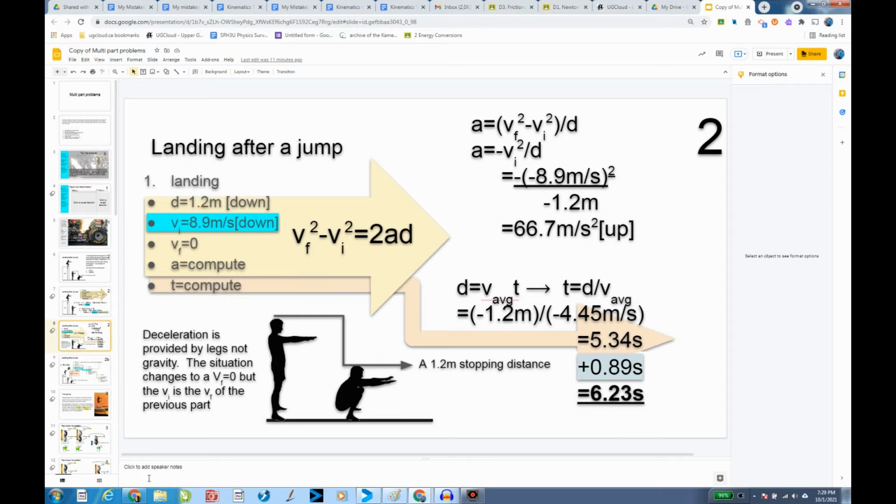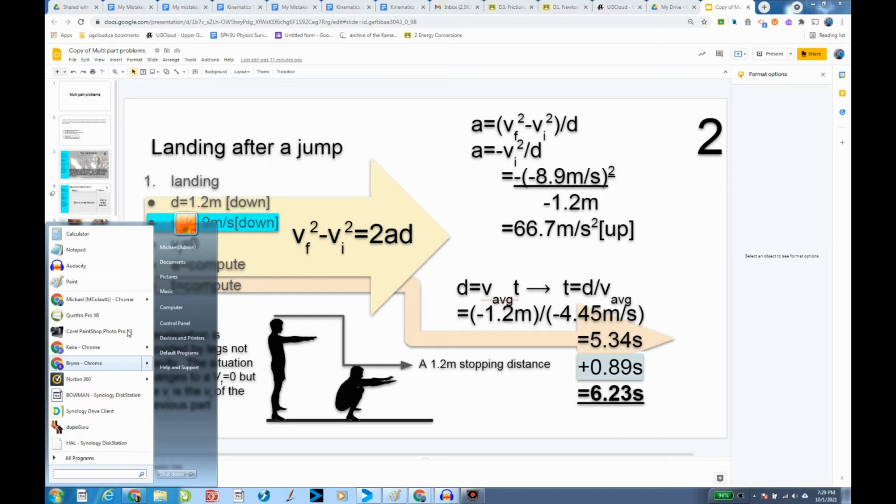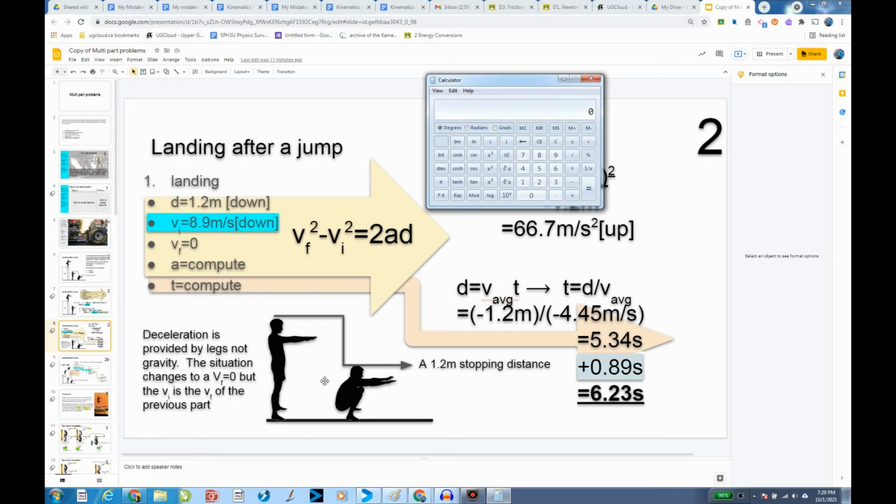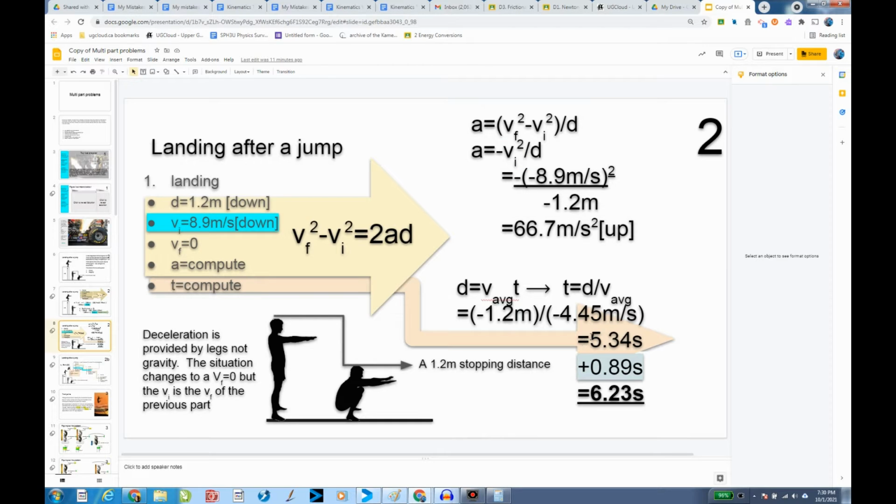So we fix it. We go in and it's not right. 1.2 divided by 5.34 equals 0.22 seconds. Now that seems better.